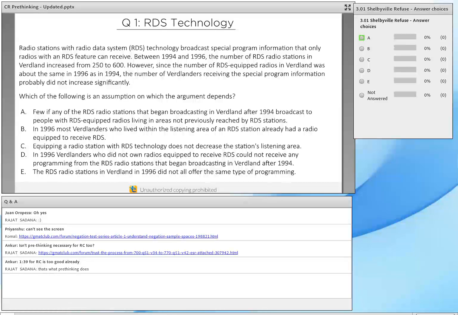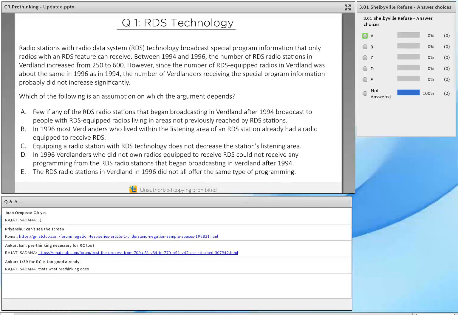And again, as before, I want you to select not answered so that I know how many of you are going to actually attempt the question and I can time this group accordingly. So let's get to not answered. Let's get 40 people to not answered, guys. 28, 30. 33, 35.